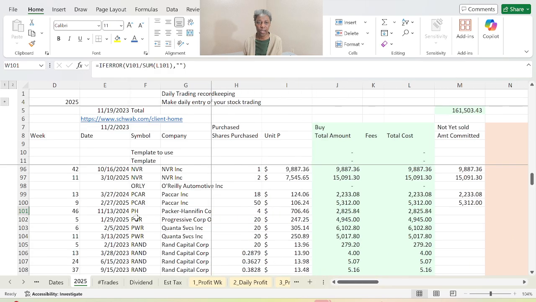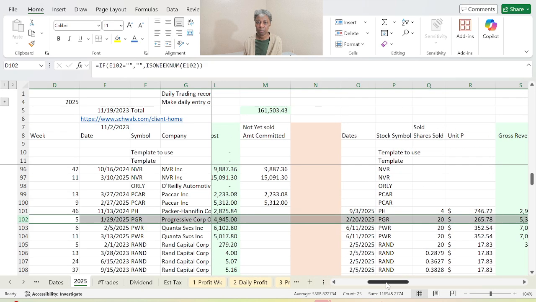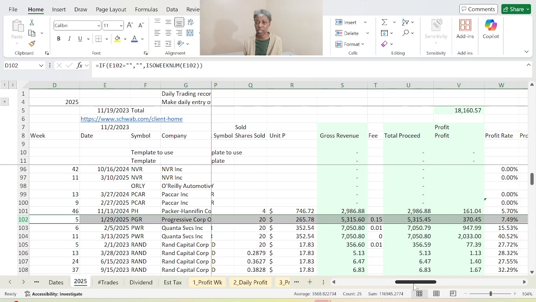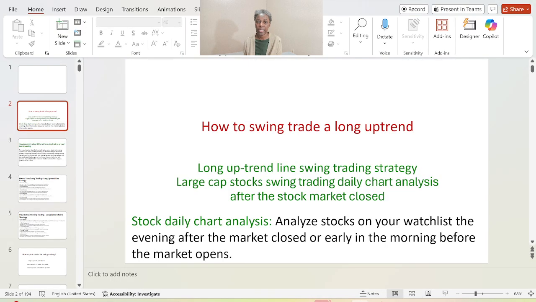If we take PJR, we purchased it in January this year for 247, and we sold it not even a month later in February for 265 a share. We paid a 15 cents brokerage fee, and we made $18 profit per share, or $370 profit, and that is a 7% return. And that is how we swing trade a long uptrend.